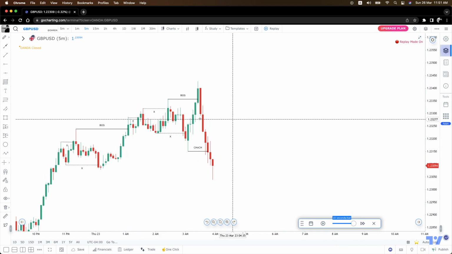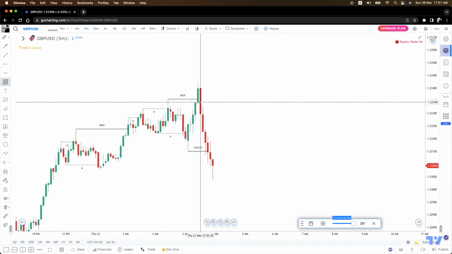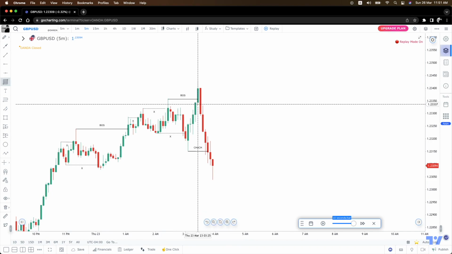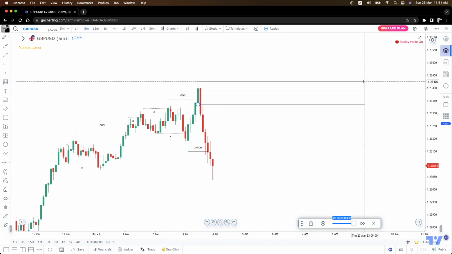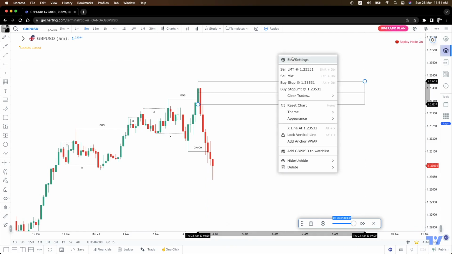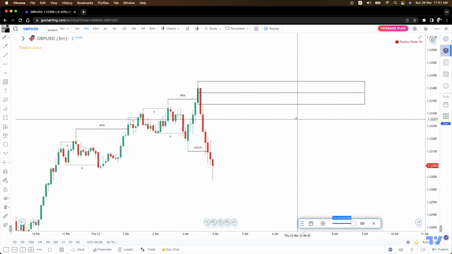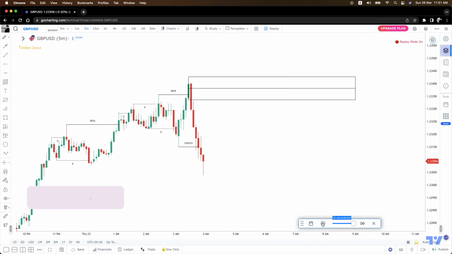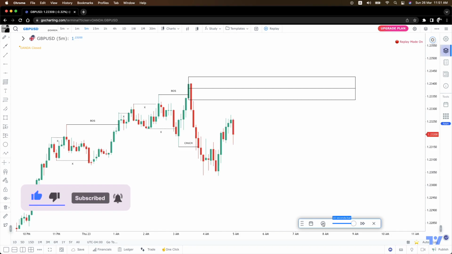We wait for the market to form liquidity. It's clear to say that, yeah, we do have our potential order block right there as our supply zone. And we just simply wait for liquidity to be formed. We want to see the market consolidating or creating some form of liquidity.